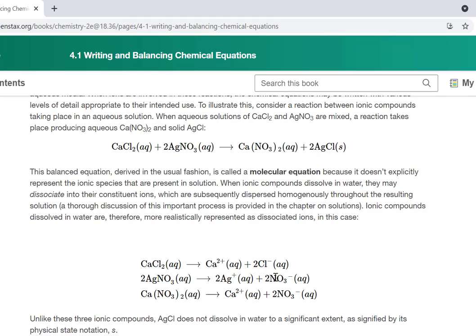Now what's different here is that when we were looking at the calcium chloride, we had the 2, and we said that subscript becomes a coefficient. You'll notice here we have a subscript. That subscript is not becoming a coefficient. It is still there as a subscript. And what's different here is that that subscript is part of a larger thing. It's part of the polyatomic ion. We're breaking apart not into O's, but into nitrates.